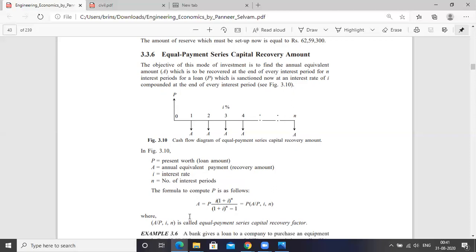the uniform series sinking fund factor, along with the single payment compound factor, that is F by P is equal to (1 plus i) power n.